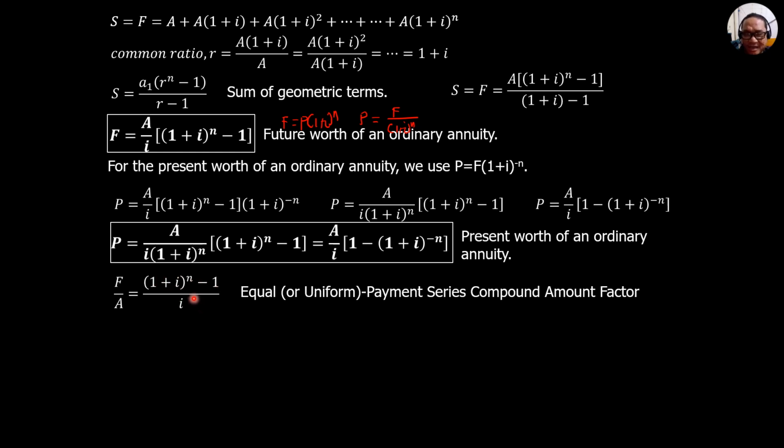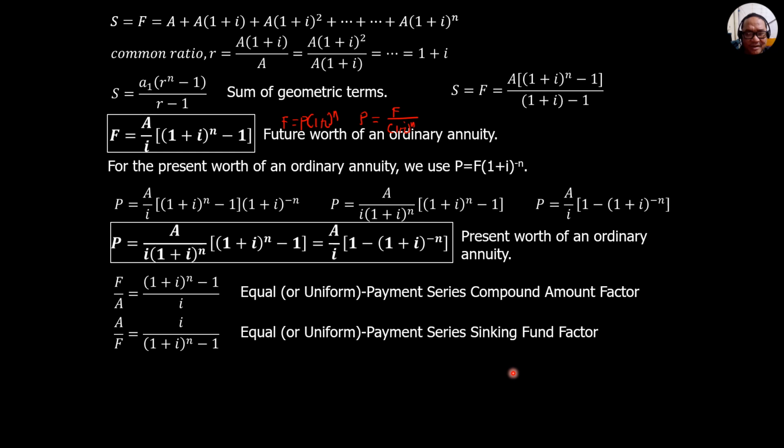You just divide the future worth by A. That's the simplest way to memorize that. Likewise, A over F, the reciprocal, is called the equal or uniform payment series sinking fund factor. So you have to be familiar with this also because the problem may be just to compute this equal payment or uniform payment series sinking fund factor.